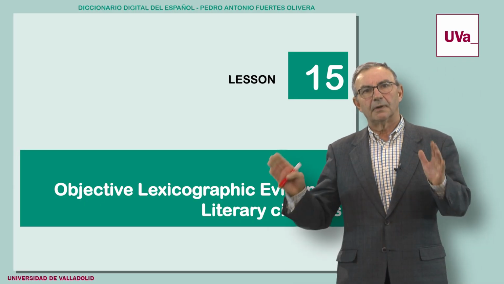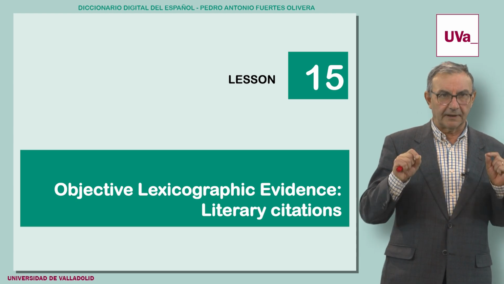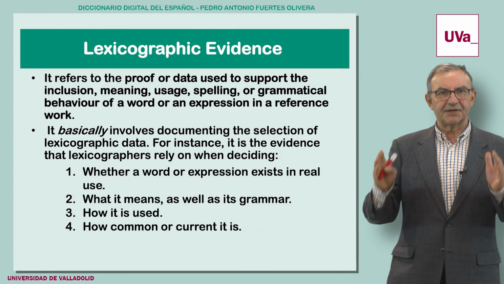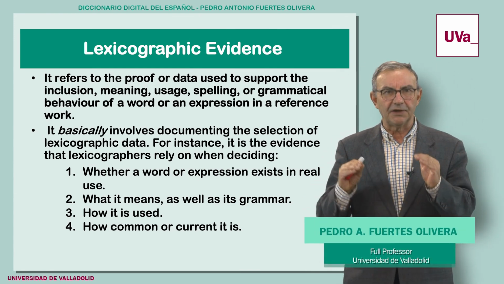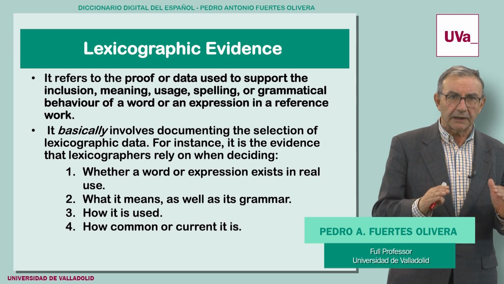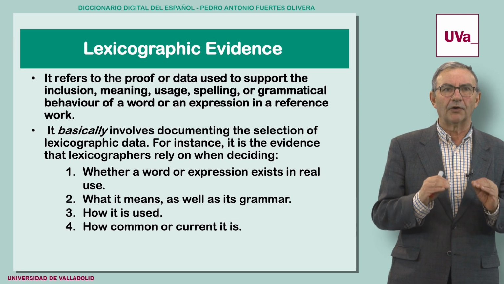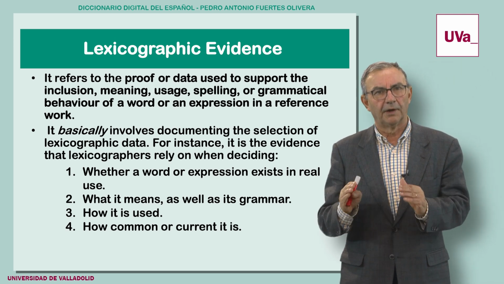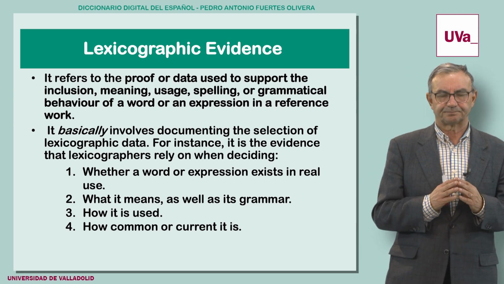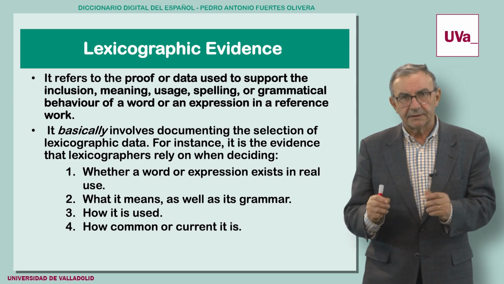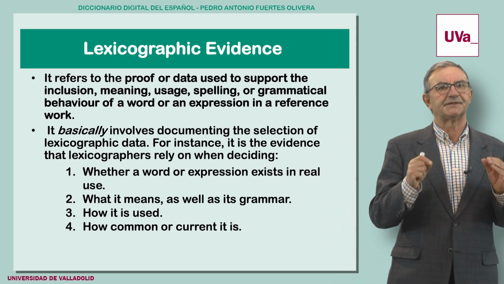This lesson also is concerned with lexicographic evidence. Lexicographic evidence refers to the proof or data used to support the inclusion, meaning, usage, spelling, or grammatical behavior of a word or an expression in a particular reference work. It basically involves documenting the selection of lexicographic data.